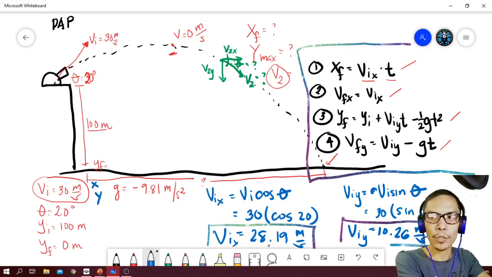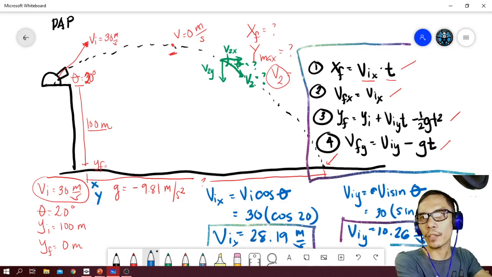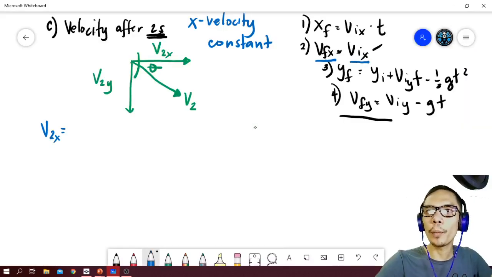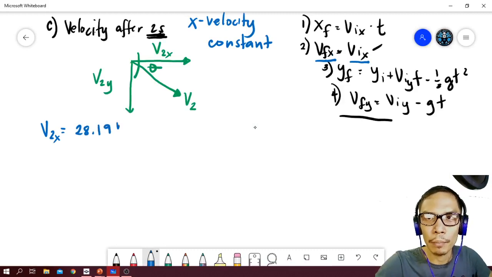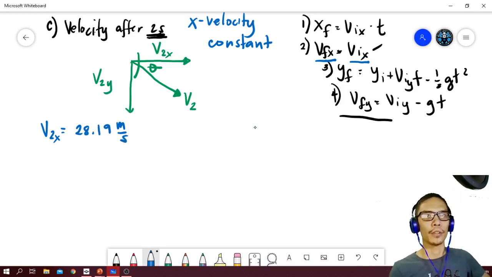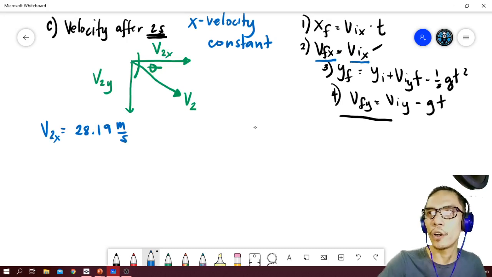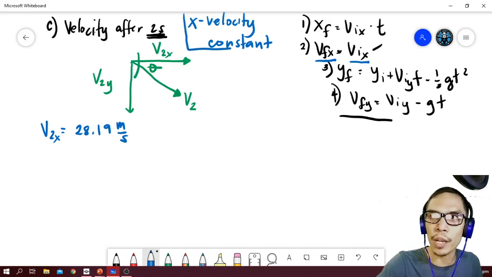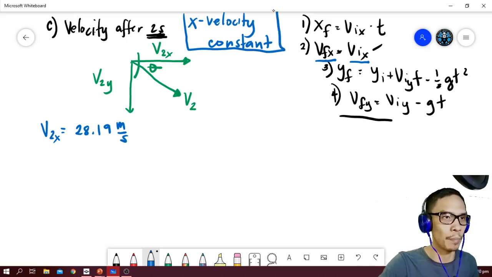Whether it is 3 seconds, 4 seconds after the launch, 1 second after the launch, 5, or even 6, this is the value. So we will plug it right here. We already computed the V2x, and that is 28.19 meters per second. So that's how number 2 works. Always take note that the x velocity is always constant at any point.